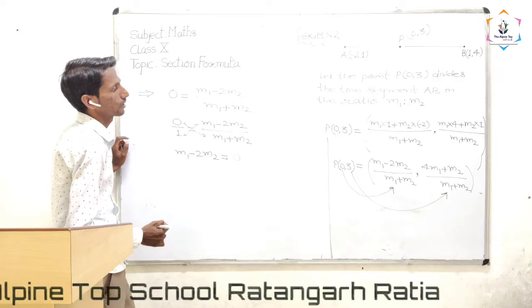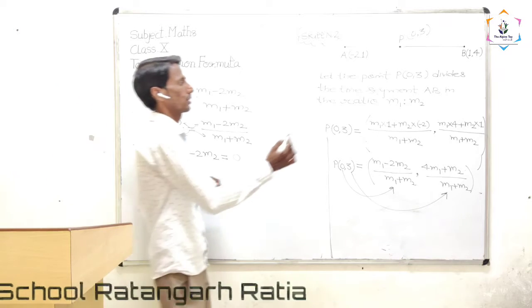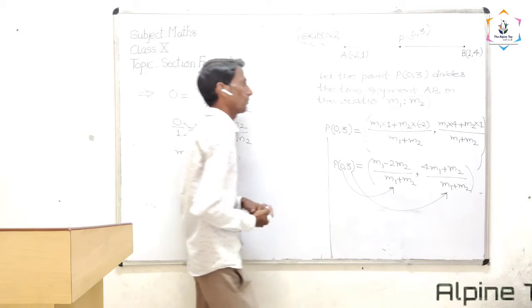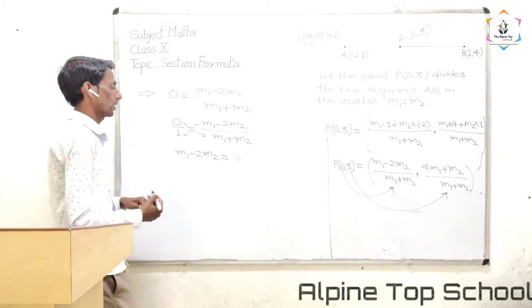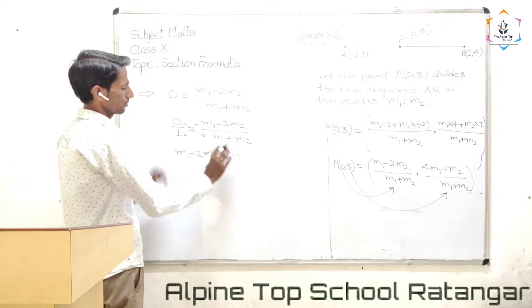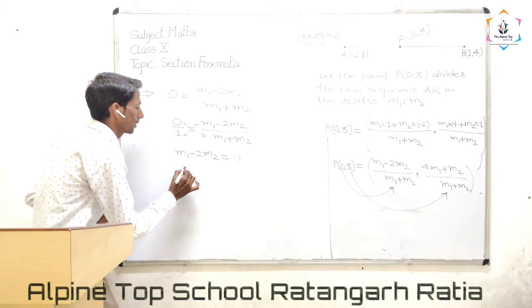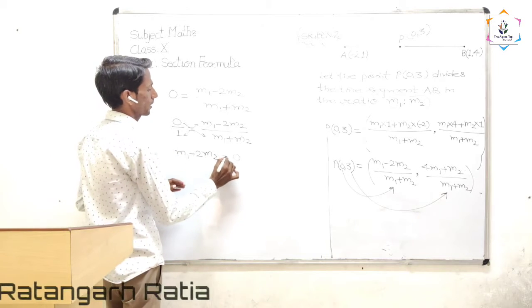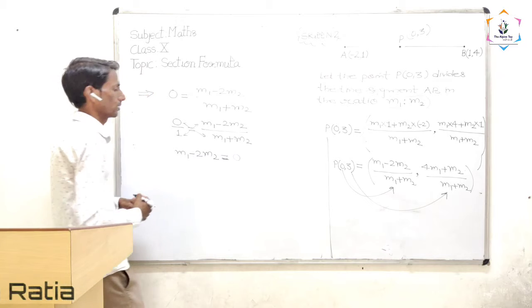Now students, because your main purpose is to find the ratio m1 : m2, after reaching this step you have to separate m1 and m2 according to the equality sign and their sides.